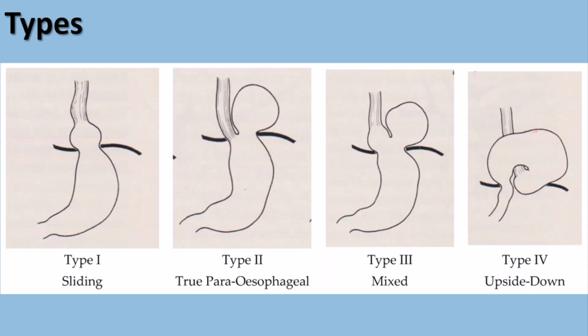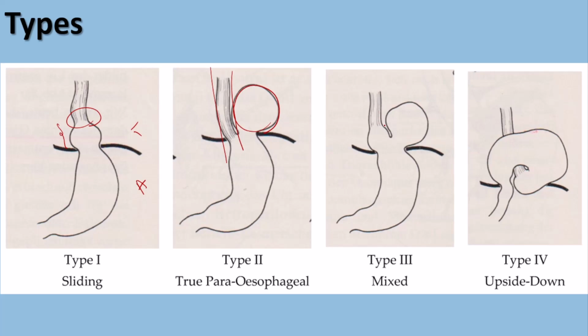So here we have a demonstration of the four types of hiatal hernia. Here, this is the thoracic cavity and this is the abdominal cavity. In the first type, we have herniation of the gastroesophageal junction above the diaphragm with some part of the stomach. In the second type, we have herniation of the gastric fundus, and this is parallel to the esophagus.